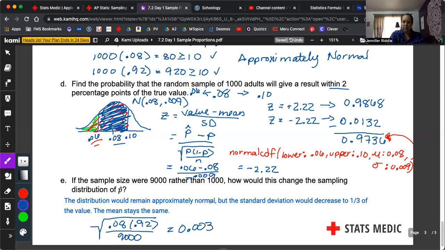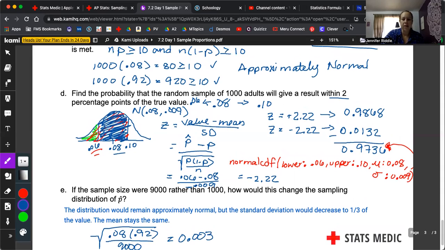If you just said it decreased, I personally would count it correct. AP graders, of course, are more harsh. All right, if you have more questions on this, which you might, make sure you ask them in class.